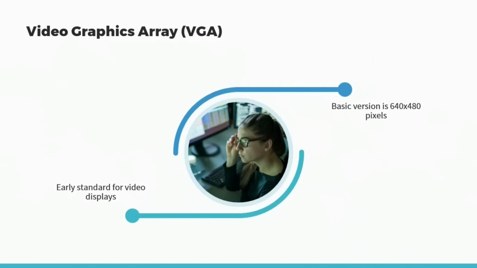Now, by today's standards, that is a very basic resolution with minimal capabilities, but you might still see it in use for some older devices such as PDAs or GPS devices.